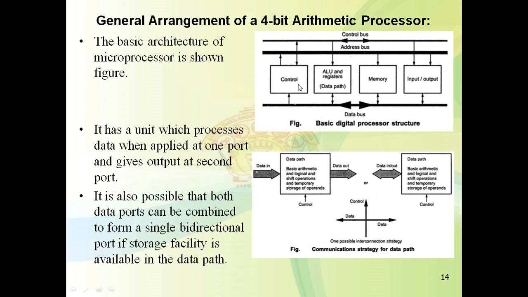It consists of the arithmetic logic unit, ALU, and registers. So the ALU and register data path is the main block. Then we require the control unit, a memory unit for storing information, and input output units. These are the main parts of the processor we require.